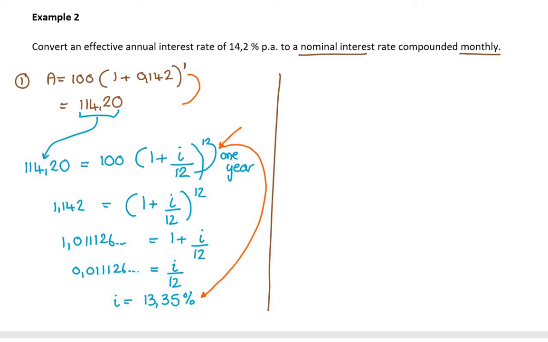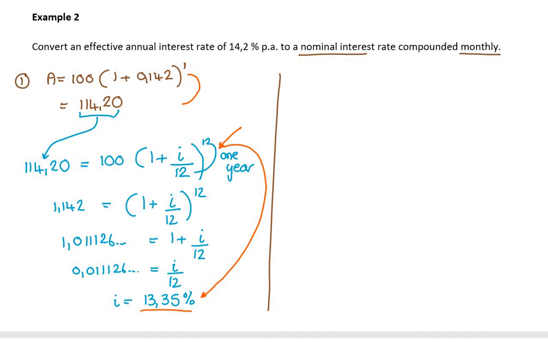Now, why is this interest rate less than the 14.2? The 14.2 was an effective interest rate, so you were getting that interest once in a year, whereas this interest rate, you're going to be getting interest on interest 12 times in that year, and so automatically you will earn more money. So this interest rate is less because you automatically earn money to catch up to that 14.2%, simply because you're getting interest on interest.